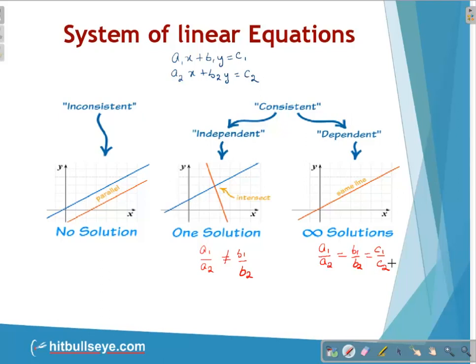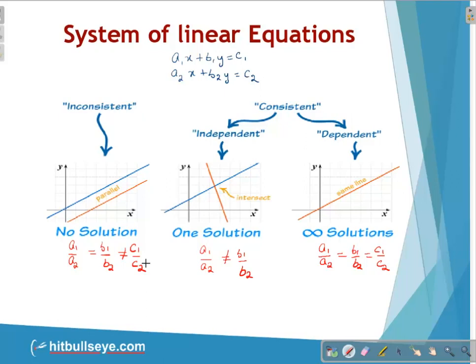And thirdly, we have the inconsistent equations, or no solution. Here, a1 by a2 should be equal to b1 by b2, but should not be equal to c1 by c2. That means the ratio of the coefficients should not be equal to the ratio of the constants.